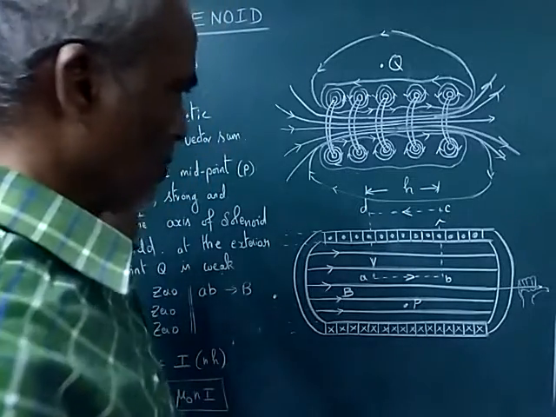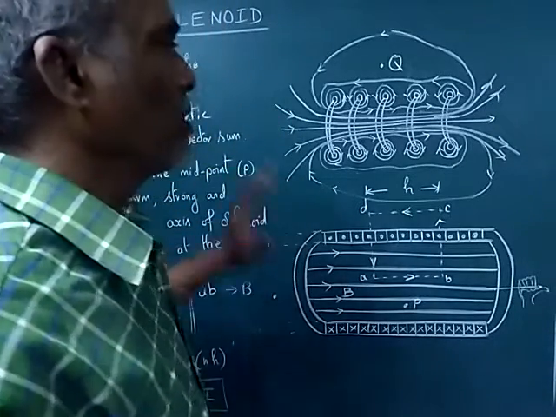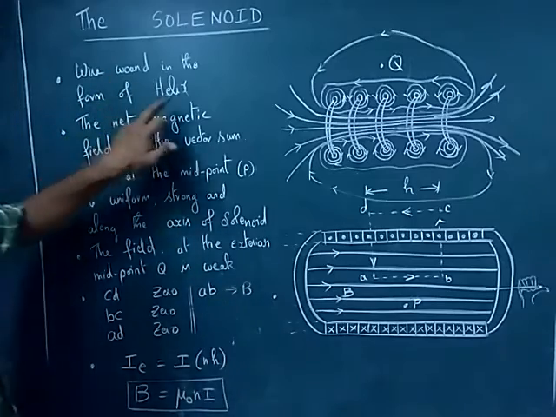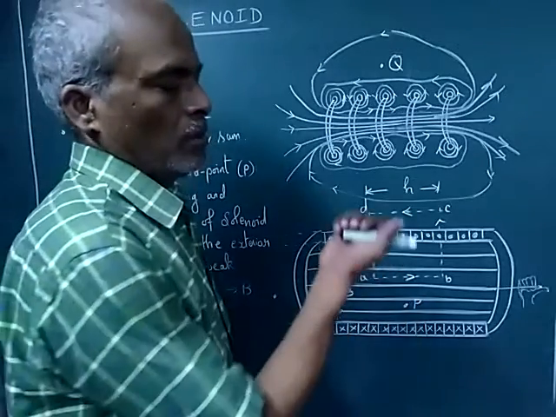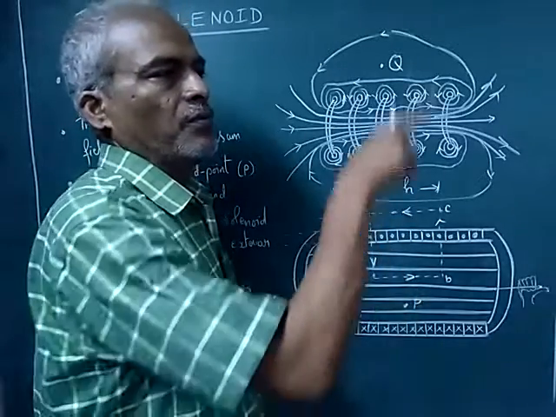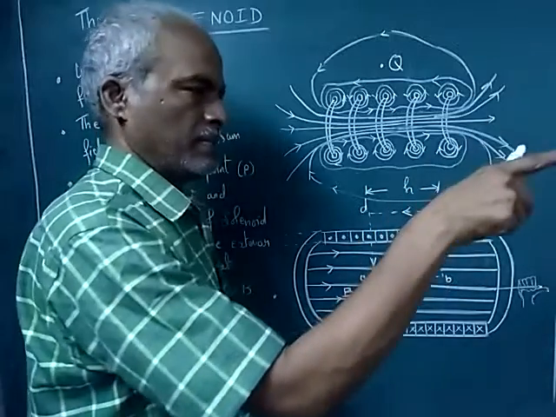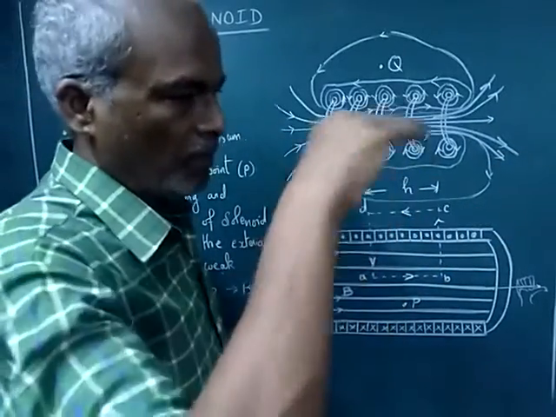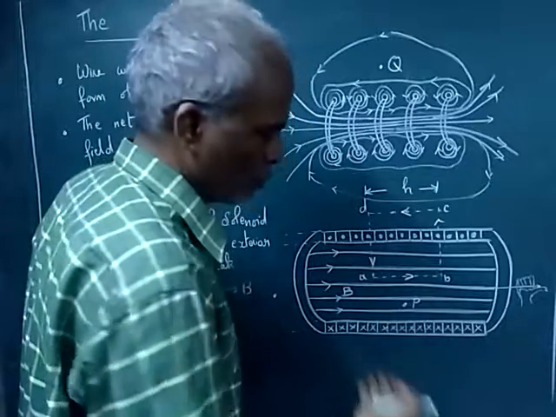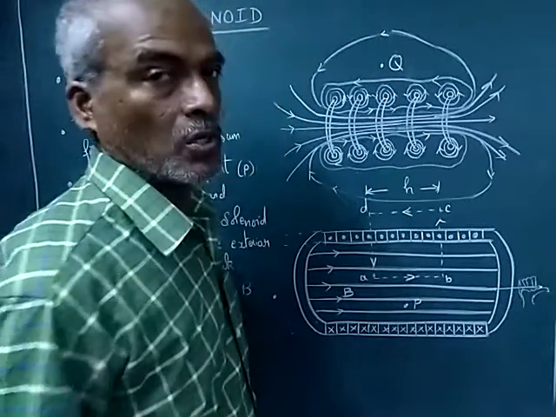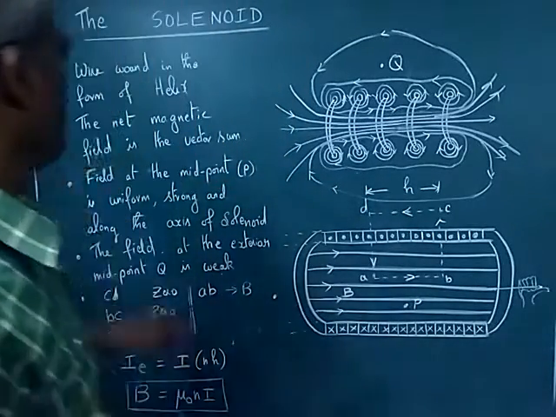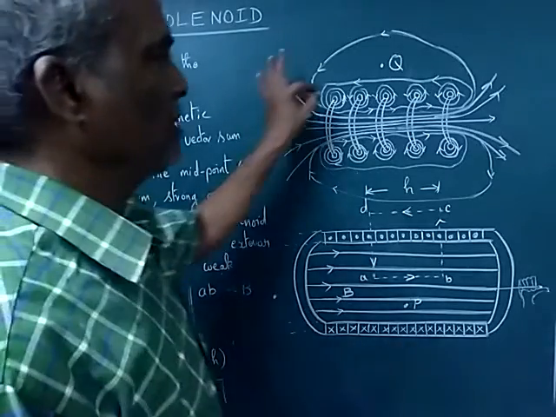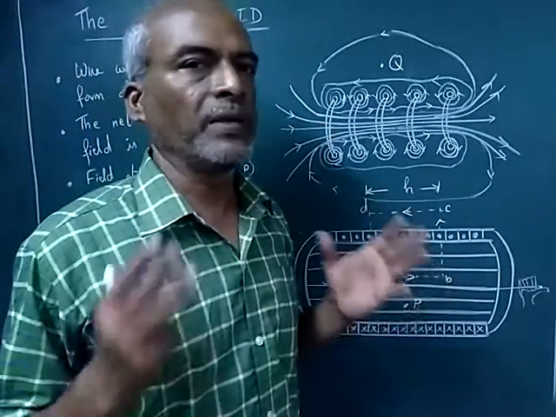Okay, so let us see the important points discussed so far. Wire wound in the form of a helix. I already told you the wire is in the form of a helix. When it comes this side, it is shown as a dot. When it goes inside the board, it is shown as a cross. Okay. The net magnetic field is the vector sum. Yes. Each and every point produces a magnetic field.